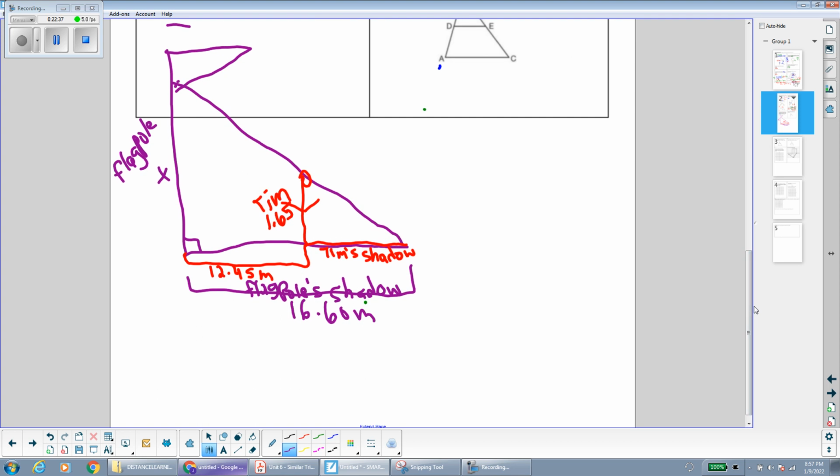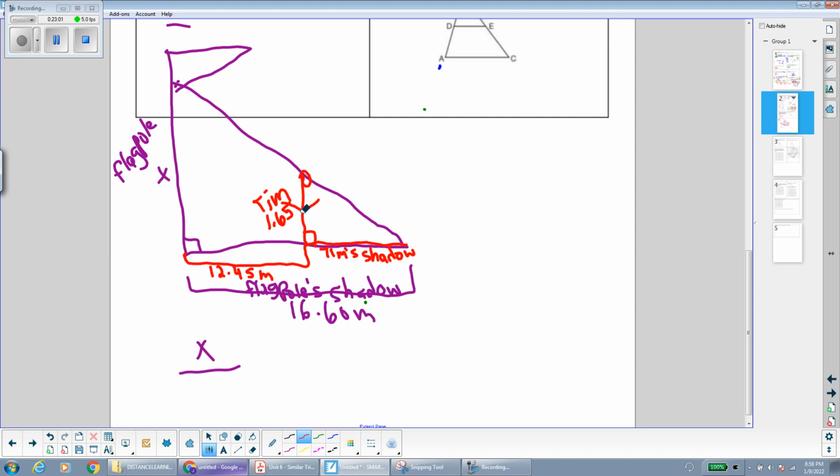So let's start up our proportion the same way that we were talking about before. I'm going to take the side from the large purple triangle, X, and I'm going to put it over the corresponding side from the small red triangle over here that's formed by Tim and Tim's shadow. And that would be the side that's labeled 1.65. This is the height of the flagpole.